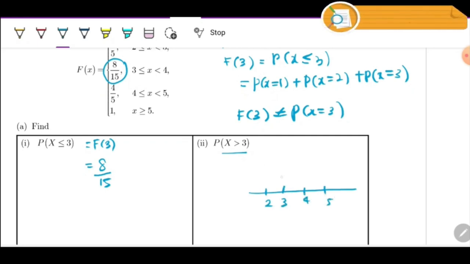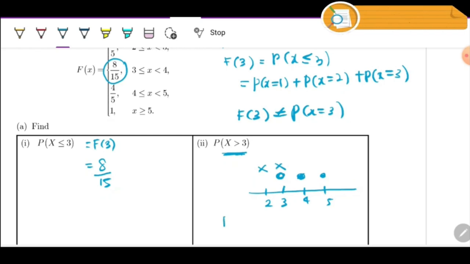So what we want is x greater than 3. Okay, open interval, open circle for 3, because the question doesn't want x equals 3. So we also don't want x equals 2 and x equals 3.